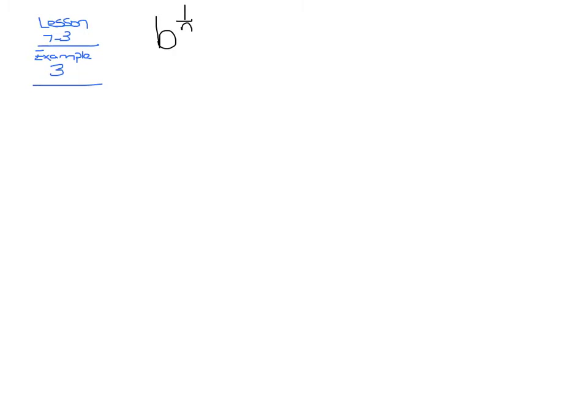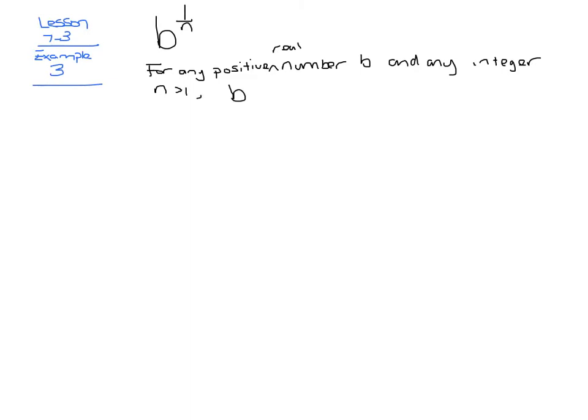This says that for any positive real number b, and any integer n greater than 1, b to the 1 over n power equals the nth root of b.